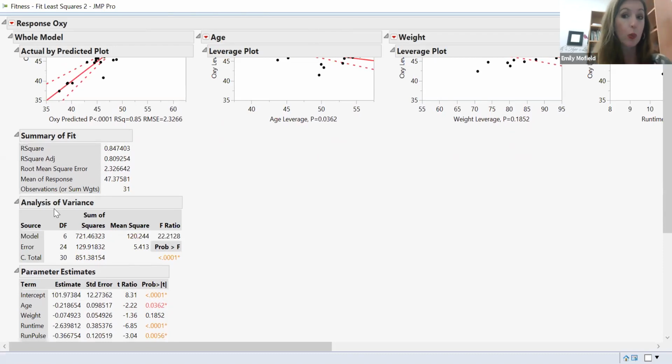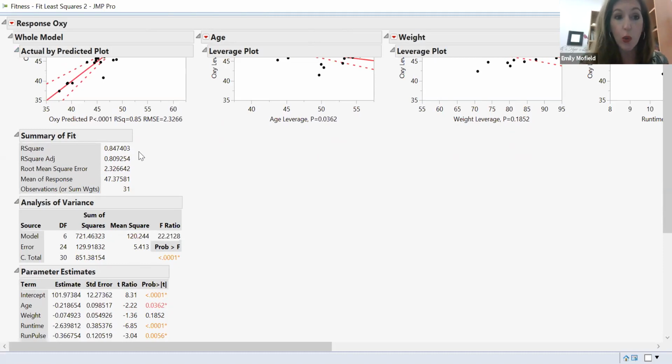And what this is really doing is it's saying, is the R squared here statistically significantly different than 0? Is the variance accounted for in oxygen big enough to be different than 0?